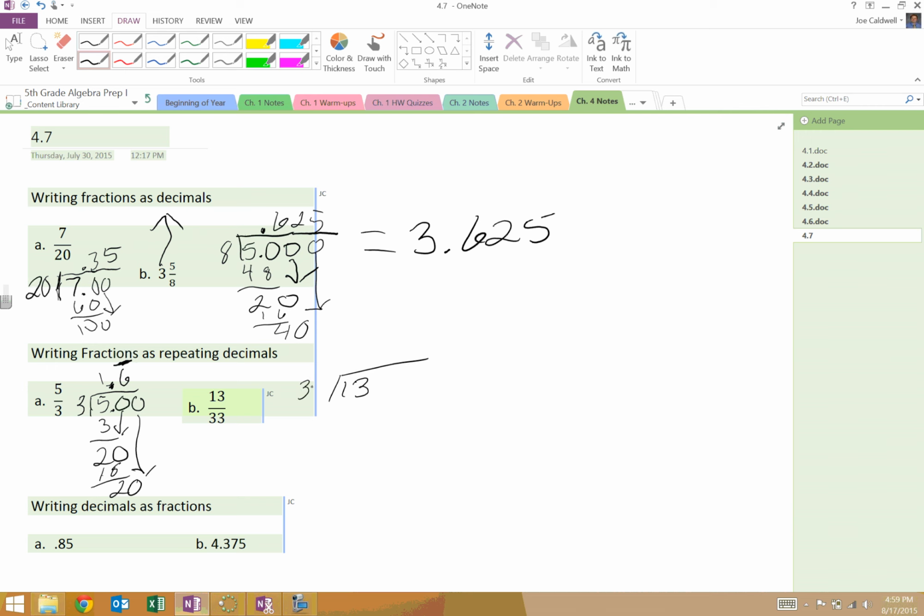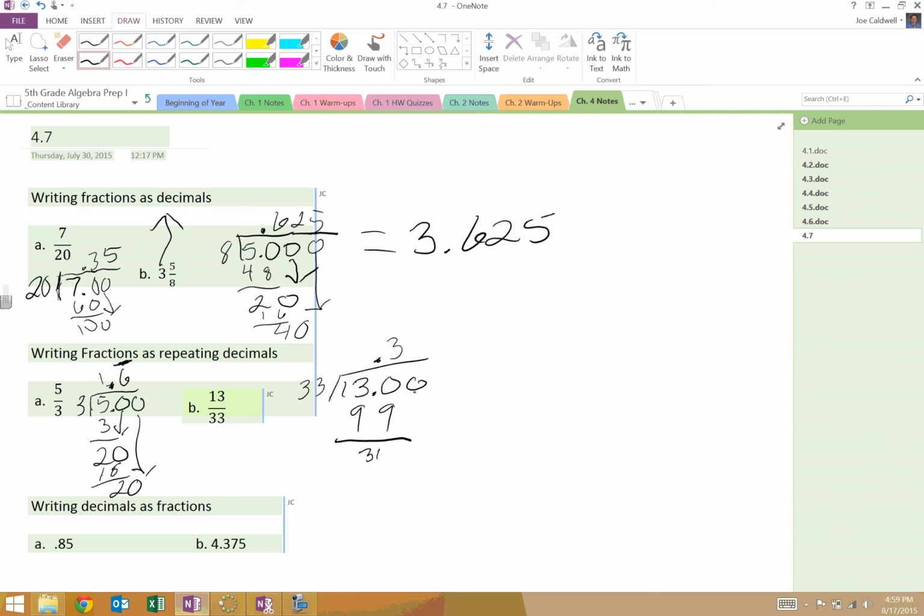Now 13 goes in, 33 out. 33 does not go into 13 at all. Add a 0. Don't forget the decimal up above. 33 goes into 130 3 times. 33 times 3 is 99. So you're going to get 31.